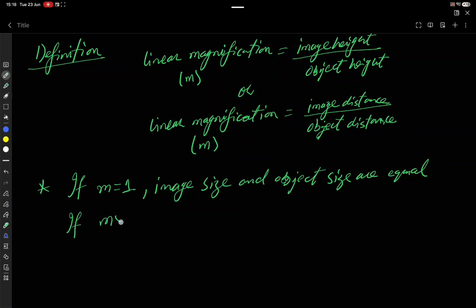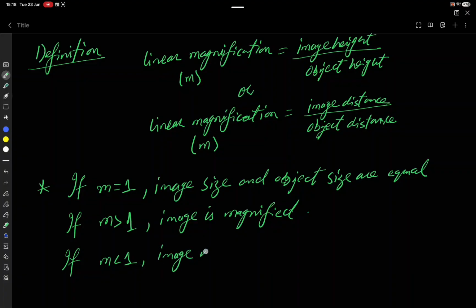If m is greater than 1, the image is magnified. If m is less than 1, the image is diminished, smaller than the object.